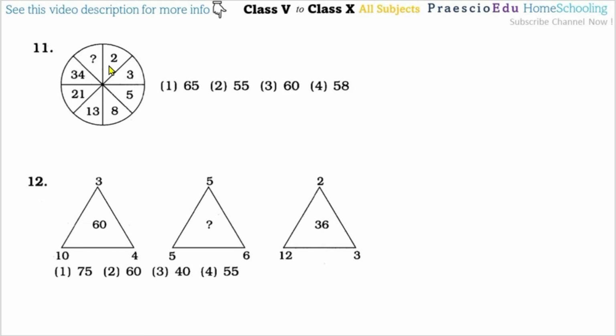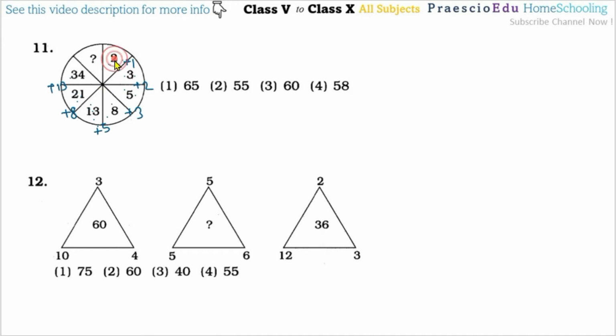So if we are to find out all these numbers in a sequence, means 2, 3, 5, 8, 13, 21 and 34. So here the one difference, here the additions of the 2, then here additions of the 3, then here the additions of the 5, then here the additions of the 8, and then here the additions of the 13.